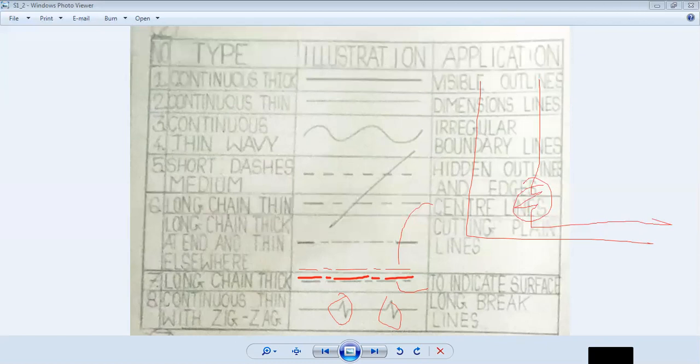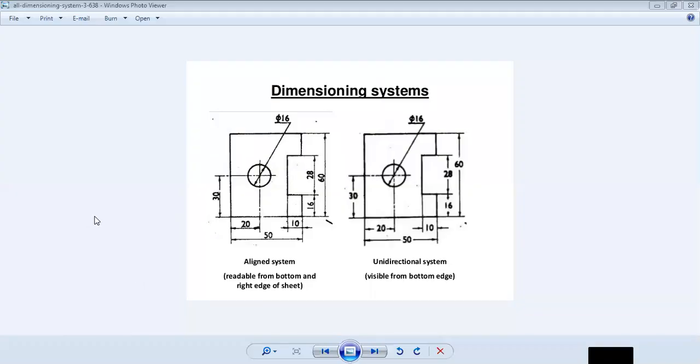So the next thing is dimensions. Now we will see dimensions. Can you see the screen?